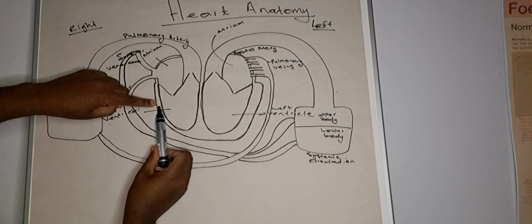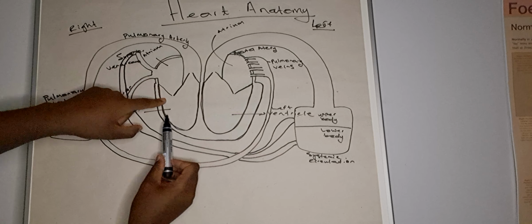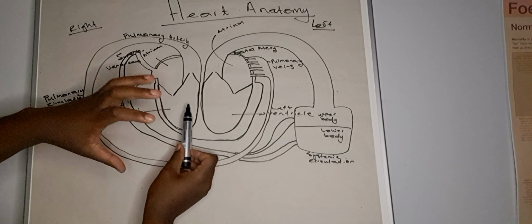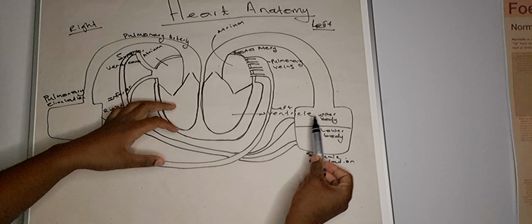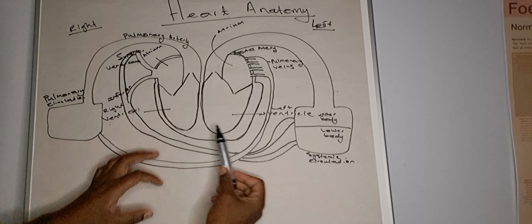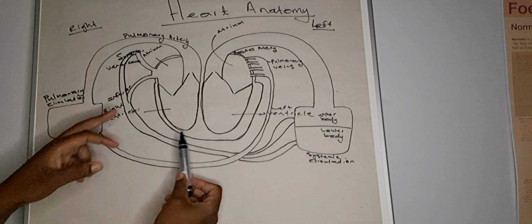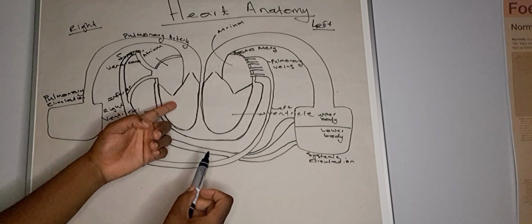But on this side, the myocardium contraction is a little bit thinner because the lungs and the heart are not far apart from each other. That is why we don't need that much pressure to nourish the lungs, because the lungs and the heart are very much interlinked and close to each other.